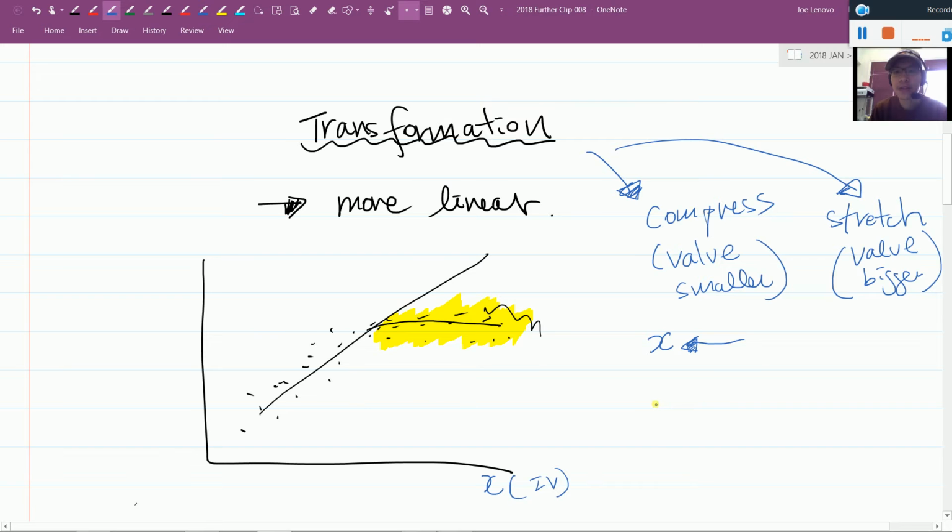Or you can do the other action for y. When you compress y, you bring it down. Make sense? So normally, let's say the y value, the dependent variable, is 100. When you compress the y value, it becomes 10. So compressing is one of the actions to change the data. And how can you change the data?